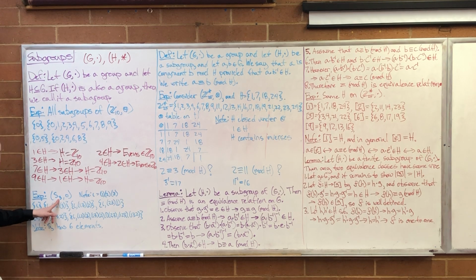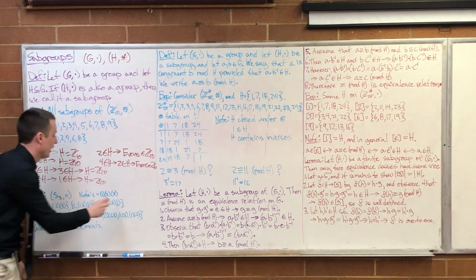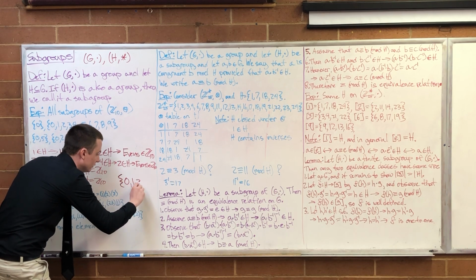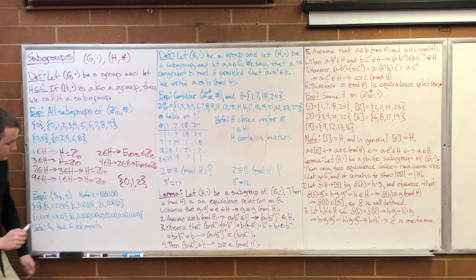S3 is all the possible permutations you can create on the set 0, 1, 2, on Z sub 3. You remember permutations? You remember what a function is? So we got a set 0, 1, 2, the first 3 natural numbers.